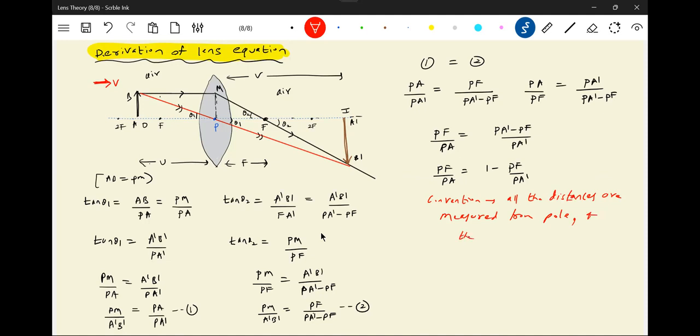There is a convention: the direction of the incident ray is taken as positive. So what is PF? PF is the focus, so plus F. PA will be minus U.